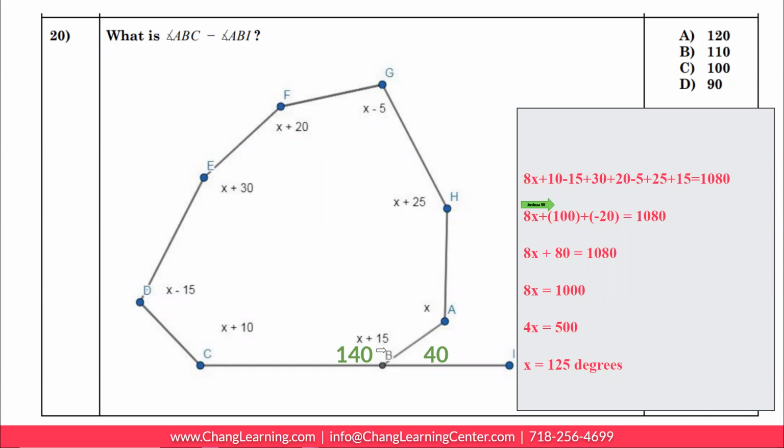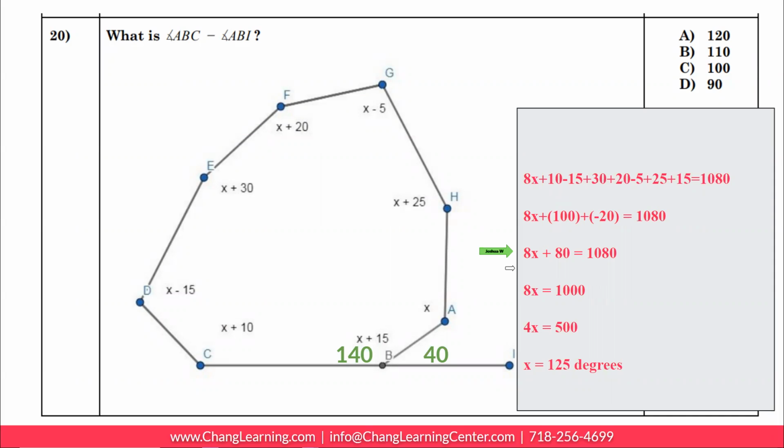Then go back to point B and add the negative units as you encounter them. Here, negative 15 minus another 5, and done. So that's minus 20. So we get 8x plus 100 minus 20 is 1080.